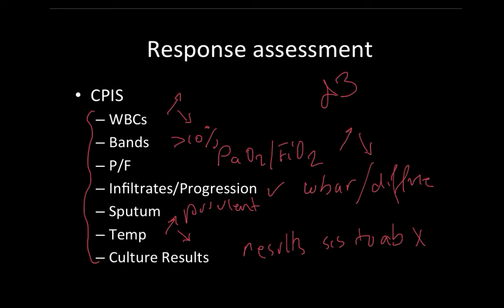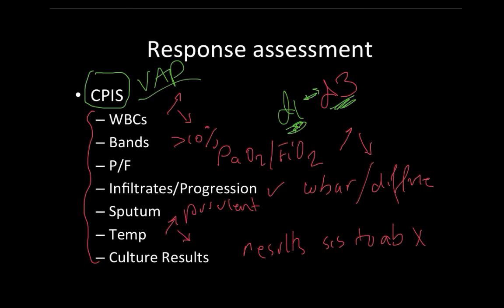There is a way to do a formal calculation called the Clinical Pulmonary Infection Score. And this score was developed for ventilator-associated pneumonias, but people have been using it to assess general pneumonia response to treatment as well. It can be used, and comparing day 1 to day 3, the difference will give you an impression if the person is responding to your empiric choice of treatment without knowing what the bug is, or if the patient is not responding.